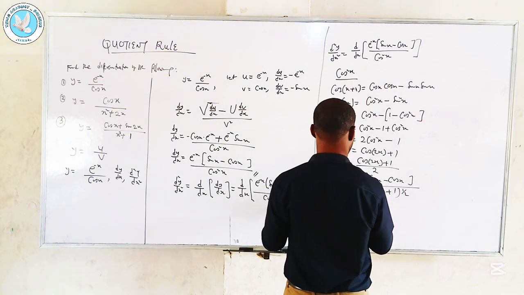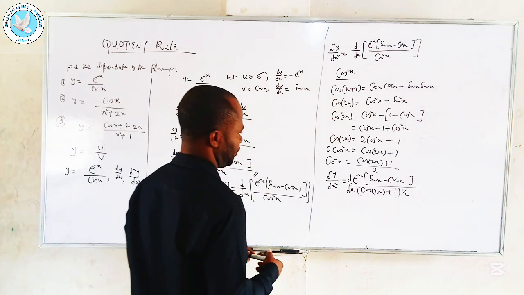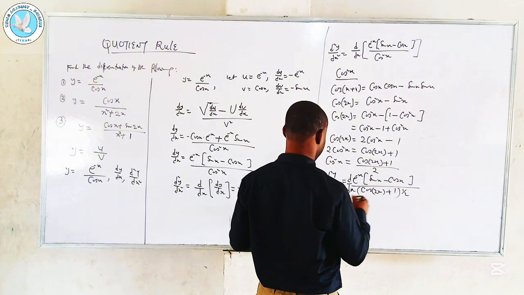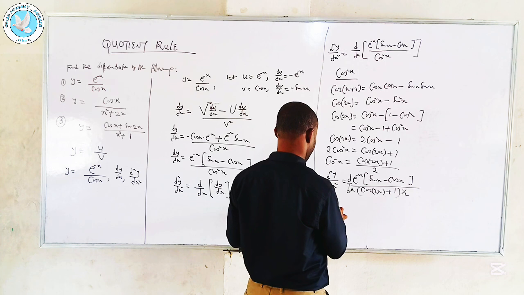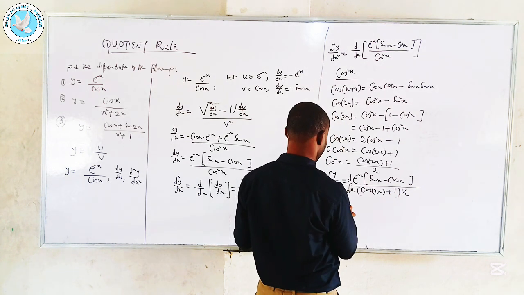This is divided, so that is still quotient rule, which we are going to solve. At this point, handling this, we are going to multiply this first.